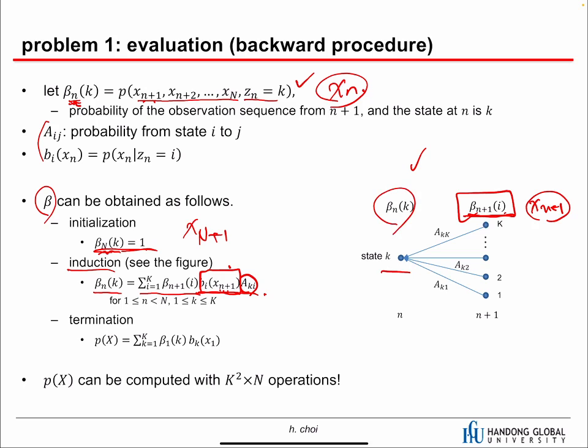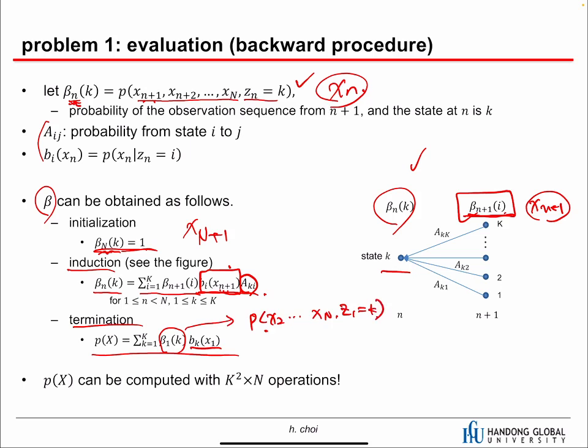The termination is simple. P of X is the sum of beta 1 of k and the emission probability. Again, beta 1 of k does not have x1. Beta 1 of k is actually P of x2 to xN, given z1 is k.